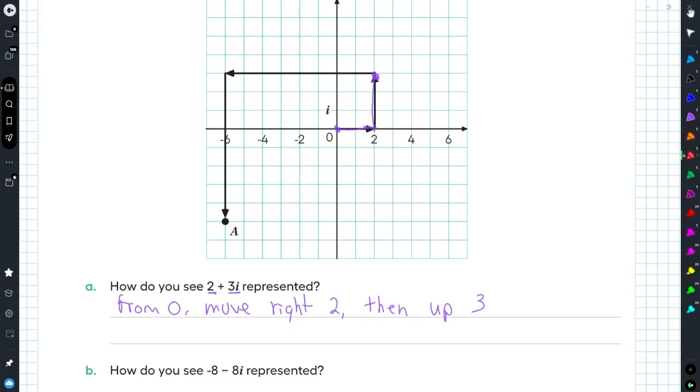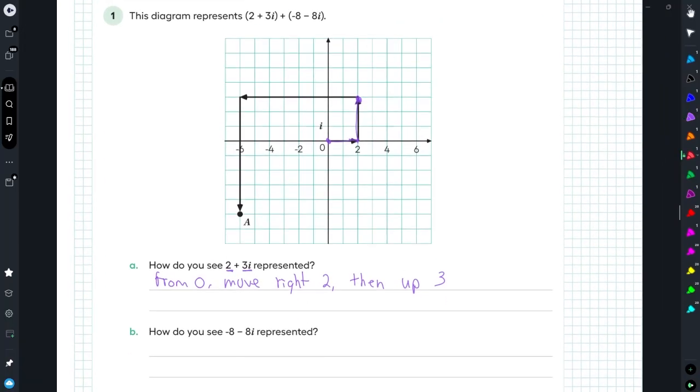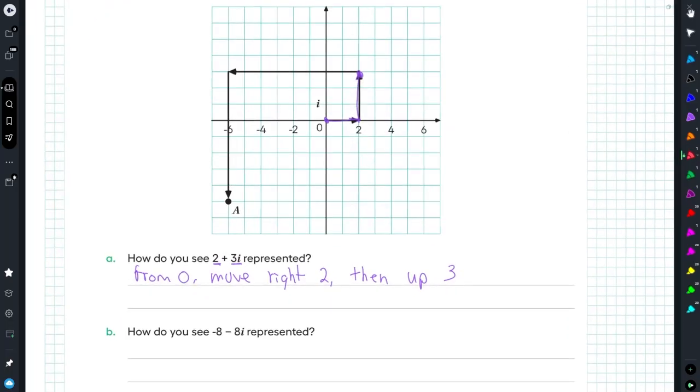And then how do we see negative 8 minus 8i represented? Well, from here, we added 2 and then 3i. From here, we go backwards, or to the left, 1, 2, 3, 4, 5, 6, 7, 8. We went minus 8 on the real number line, and then down 1, 2, 3, 4, 5, 6, 7, 8.